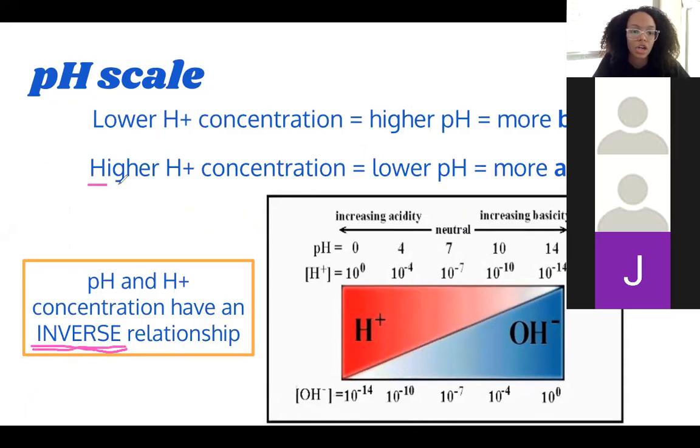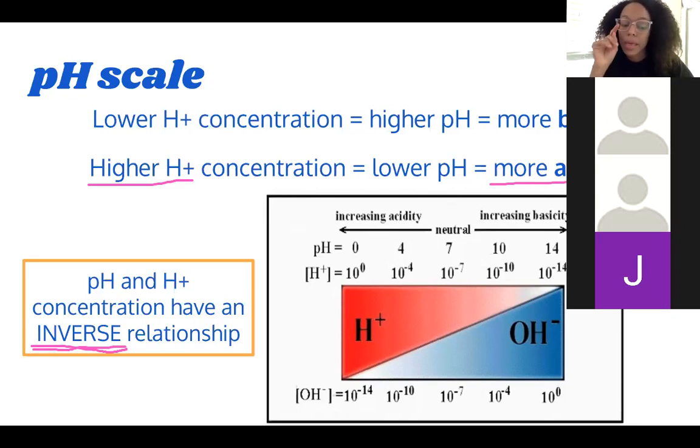So a higher proton concentration means it's going to be a stronger acid, right? Because we talked about acids. They put protons in the solution. So the more protons, the stronger the acid. So more protons means more acidic.